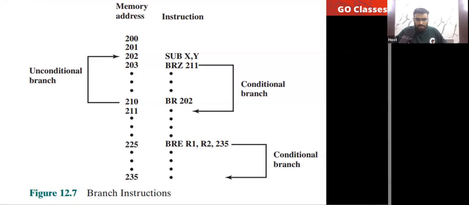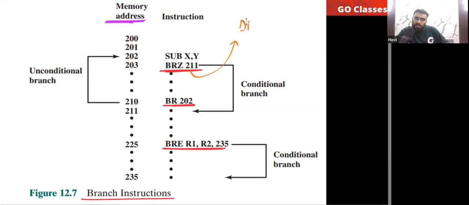Is this clear? Now let me tell you one more thing. Look at these branch instructions. Which addressing mode are they using? These are the actual memory addresses. They are using direct addressing mode.